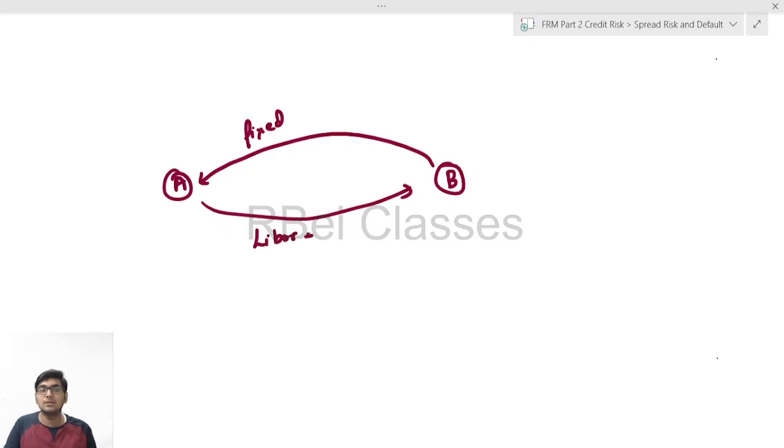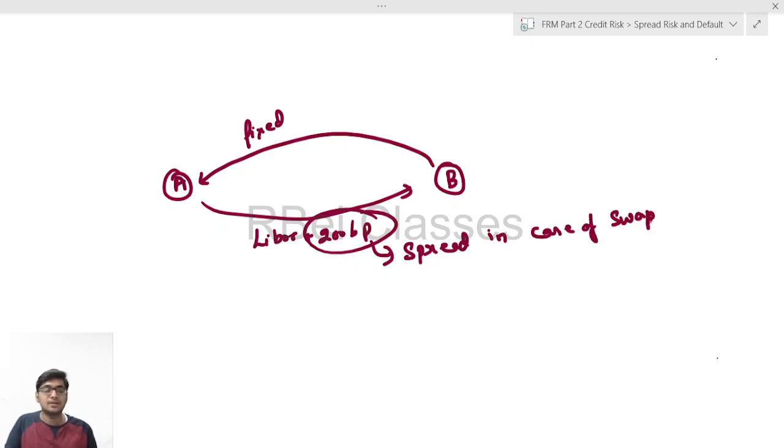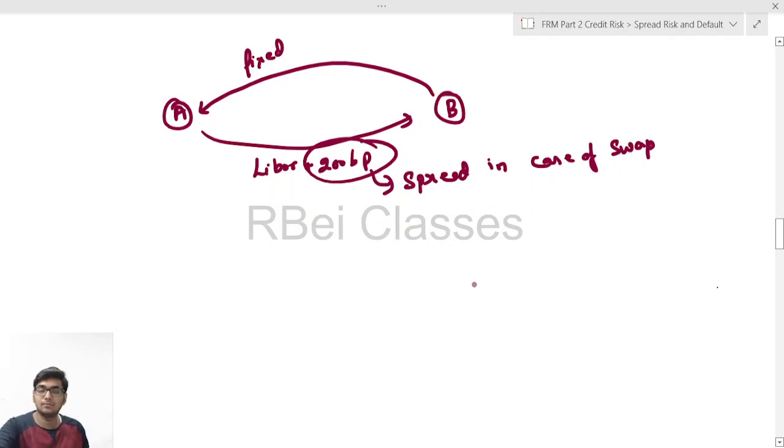He is paying LIBOR plus 200 basis points. This extra 200 basis points which he is paying is the spread in the case of a swap. Clear? So our first point of the topic is clear, that is, the different types of spread, how to calculate them, and the meaning of the spreads. Hopefully we are clear with that.